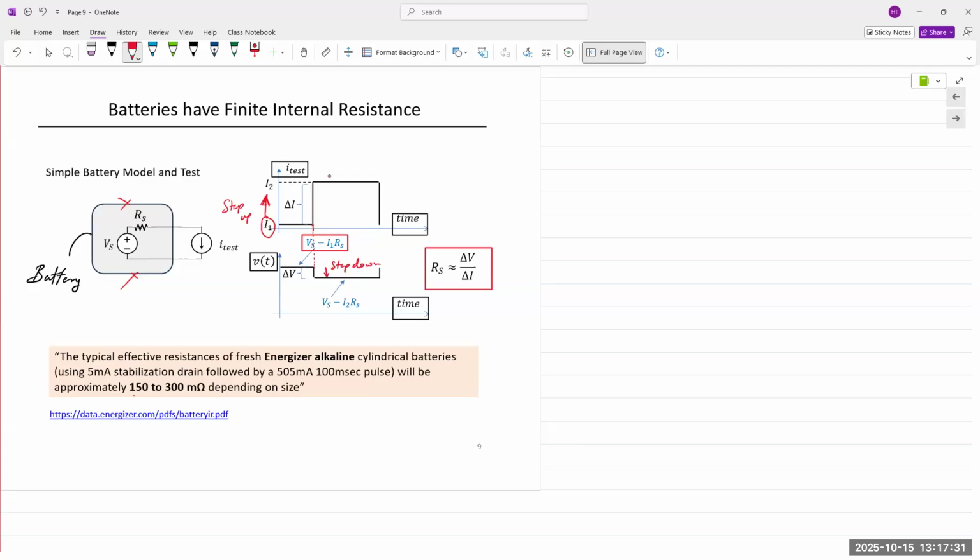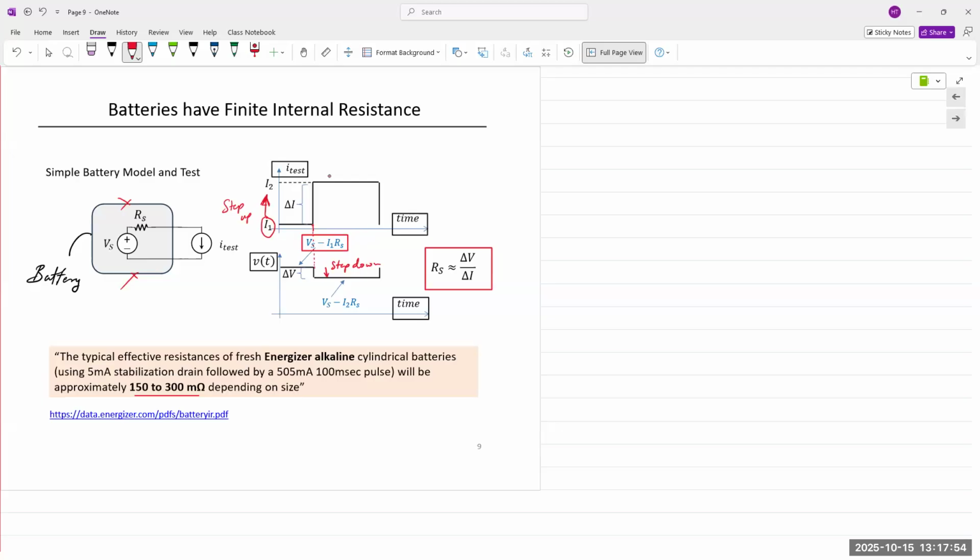As a real life example, if you go to this link, you should be able to find data on the internal resistance of a standard alkaline battery. It's a finite number, but it's very, very small. It's typically less than 0.2 or 0.3 ohms.